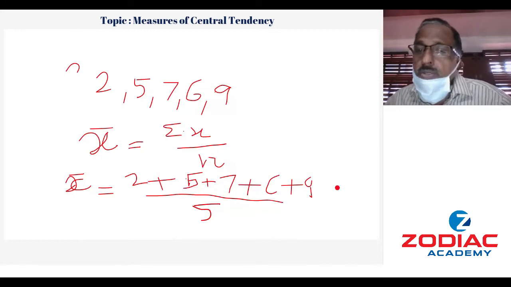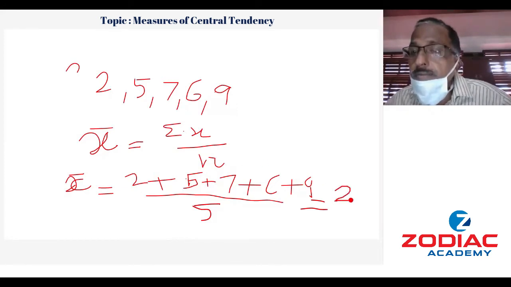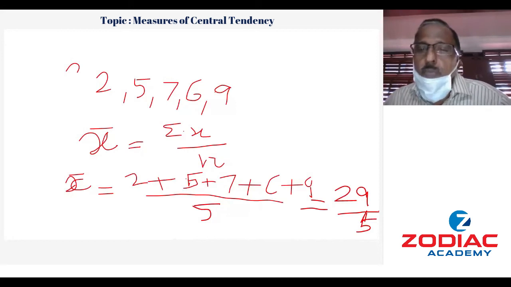That is equal to 2 plus 5 plus 7 plus 6 plus 9. The total is 29. That is 29 divided by 5.